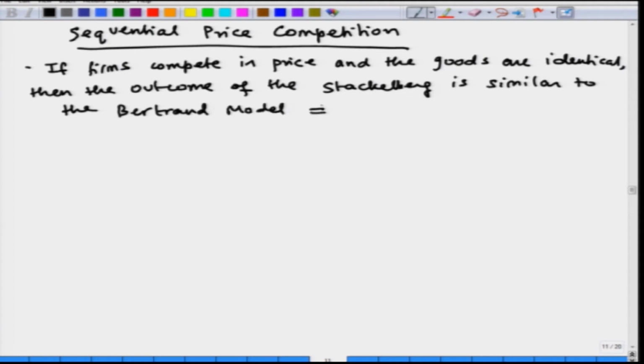And notice that in the Bertrand model of price competition, price is equal to marginal cost, where C is the marginal cost. This was the outcome under the Bertrand model. So, let us see why this is going to happen, why this is going to be so.